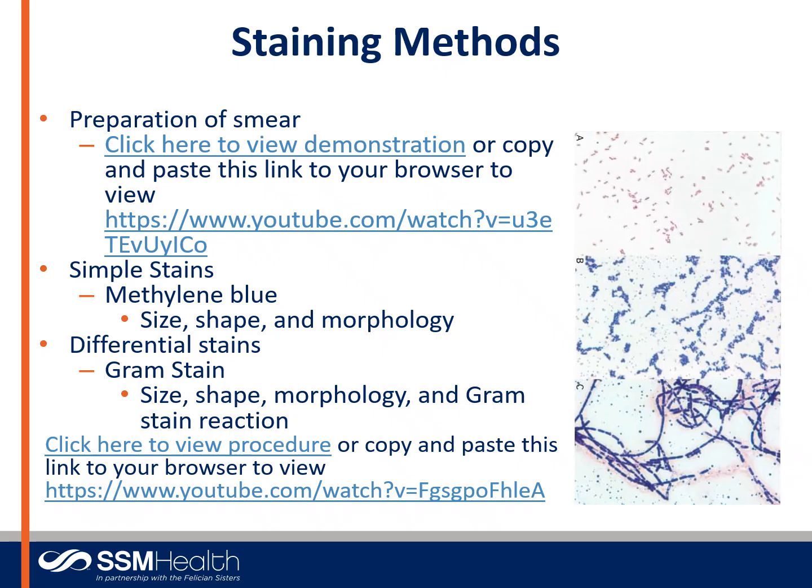There's a difference between simple stains and differential stains. A simple stain is basically going to allow you to look at the shape, the size, and the morphology. This example here shows a methylene blue stain. Methylene blue is just one particular stain.